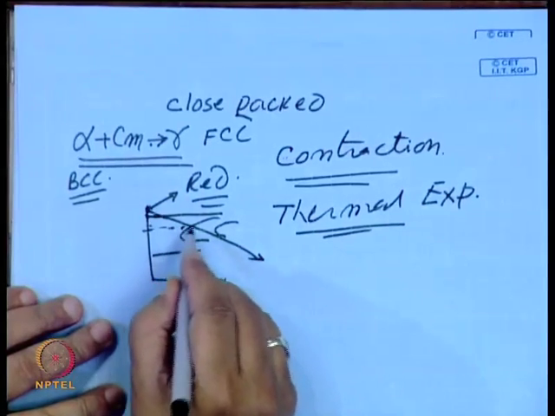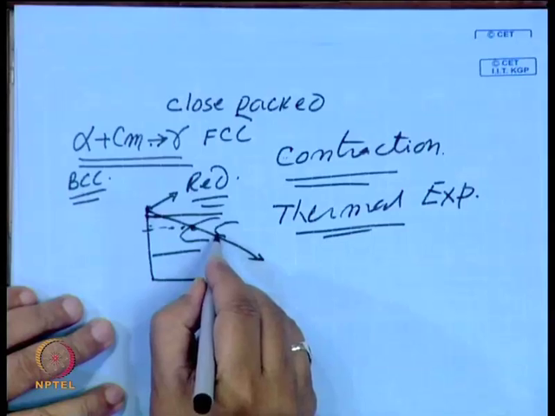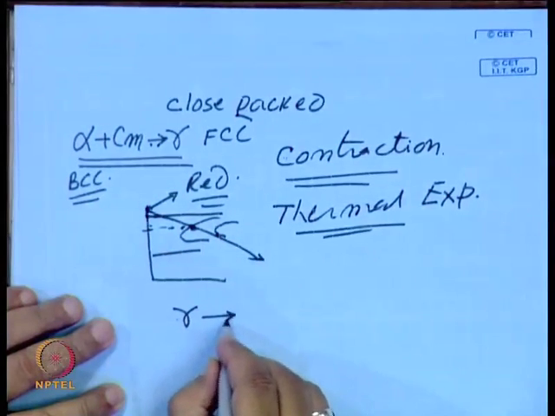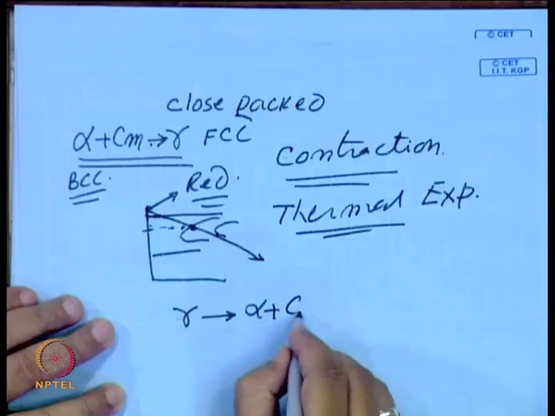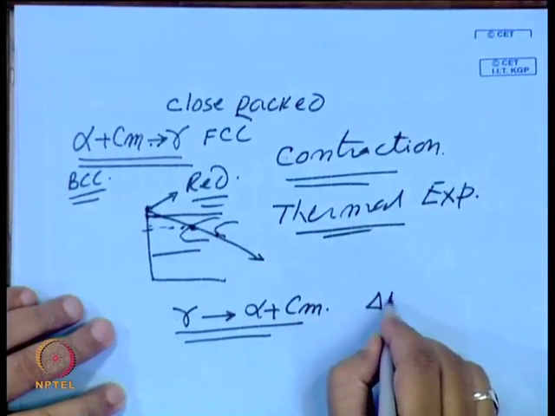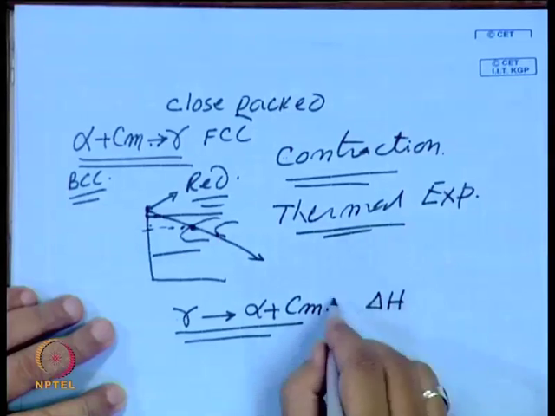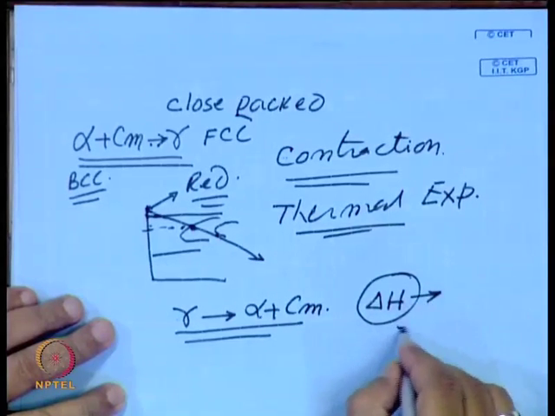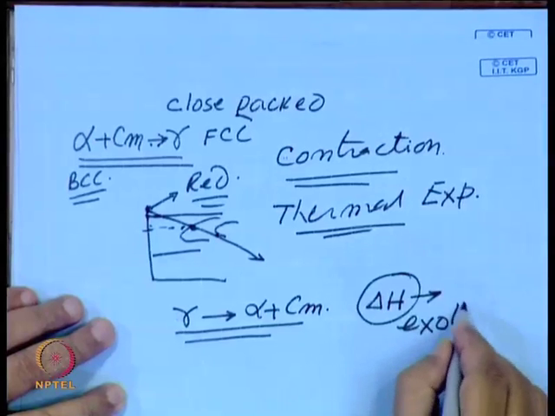So, here that glow is not there, and once this transformation starts, austenite to alpha plus cementite, a phase transformation is taking place. This is an exothermic reaction, so heat comes out.